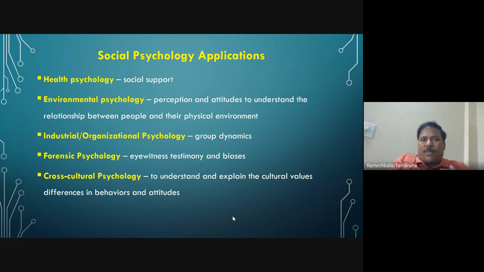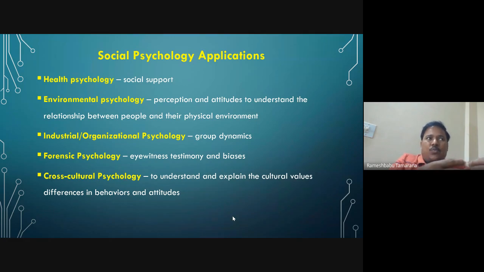And also environmental psychology; the application of social psychology can also be there. For example, what are the perceptions and attitudes to understand the relationship between people and their physical environment? We say that every time we are bothered about the environment, but instead of using environment friendly objects, we might use anti environment friendly objects.